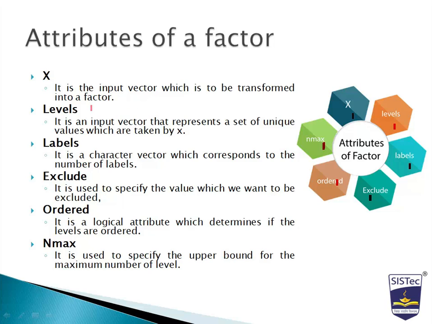Levels is an input vector that represents the set of unique values which are taken by x. Then labels is a character vector which corresponds to the number of levels. Exclude is used to specify the values which we want to be excluded. Ordered is a logical attribute which determines if the levels are ordered or not. And max is used to specify the upper bound for the maximum number of levels.